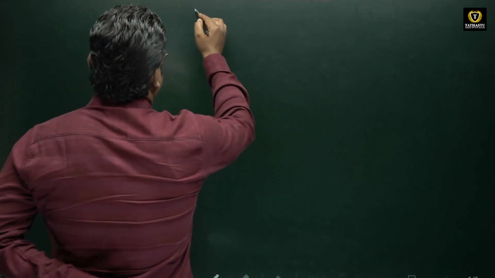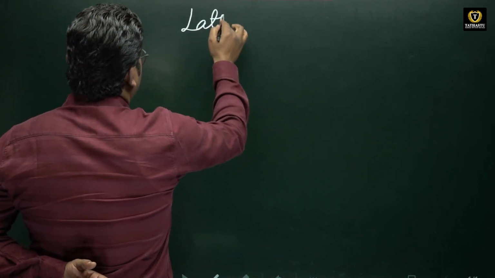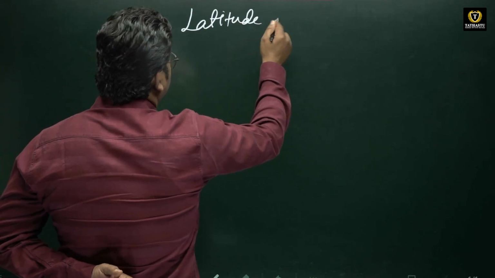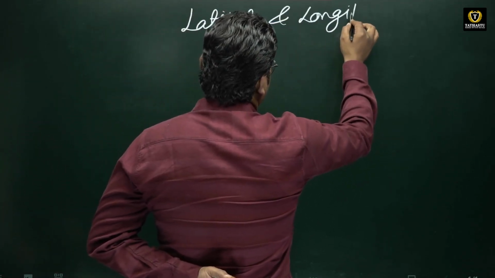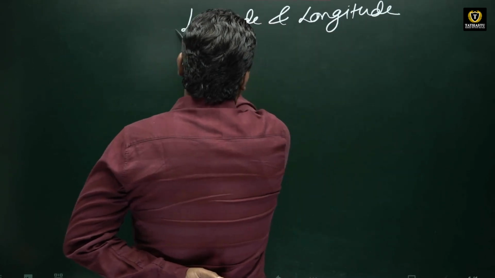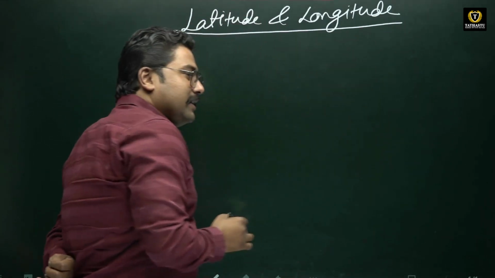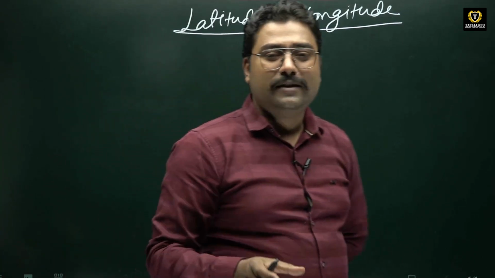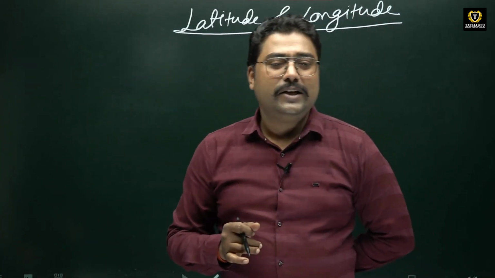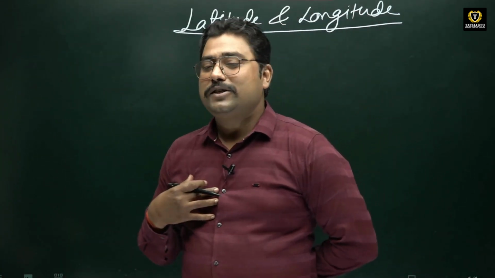So if we talk about latitudes and longitudes, we know that there are no such lines present on earth, but rather they are imaginary in nature, means we humans have drawn them.